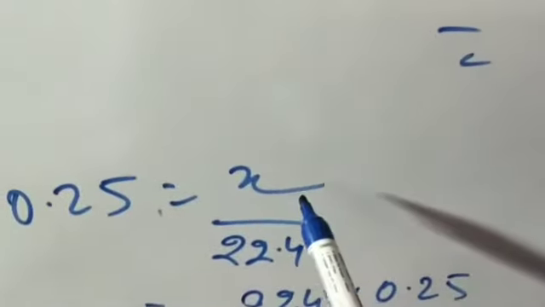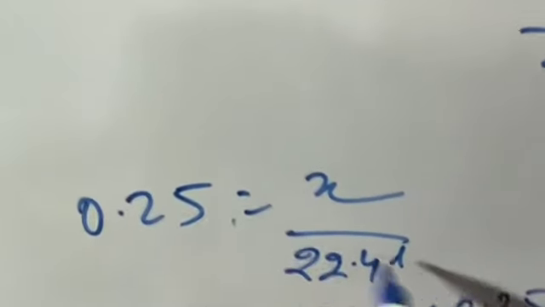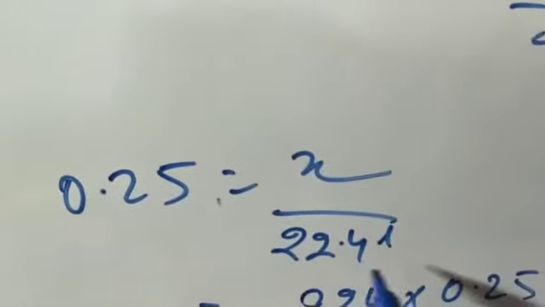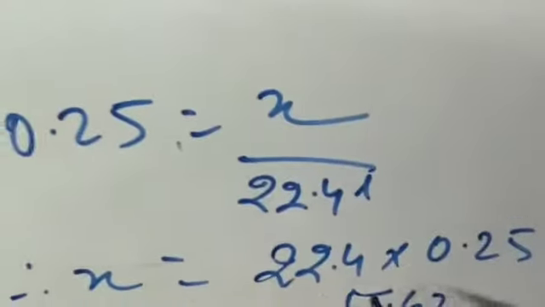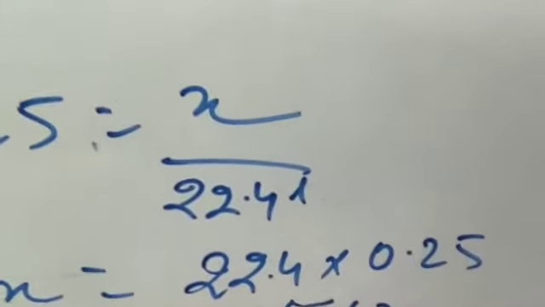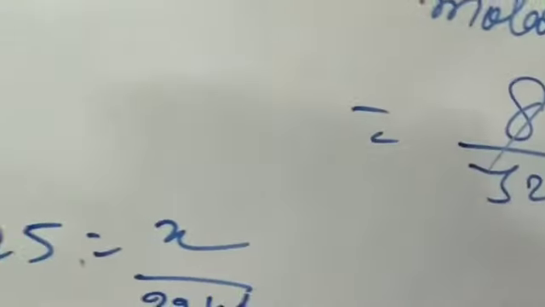Now molar volume is 22.4 liter, so you multiply 0.25 into 22.4, then we get 5.6 liter.